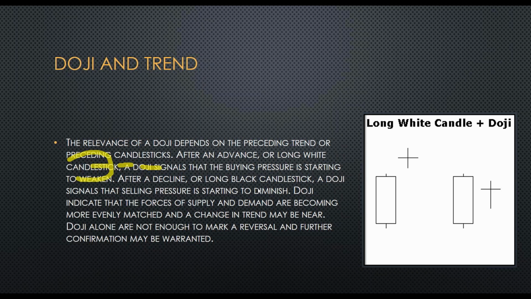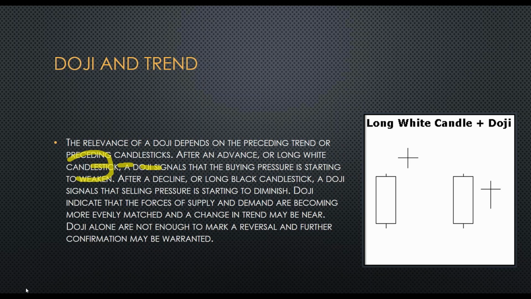It's telling you that when somebody was in control of the market in the previous session, and then you get a doji sitting next to that price, it means the buyers and the sellers were totally unsure, and they're becoming evenly matched, and you're probably going to see the end of the current trend. Okay, it means in an uptrend, the buyers are losing faith. The bulls aren't strong enough to pull it down, but they're indecisive. But most likely, you're going to see a trend reversal.